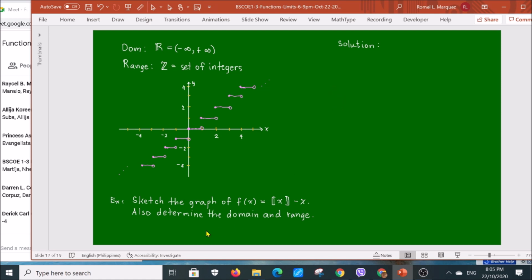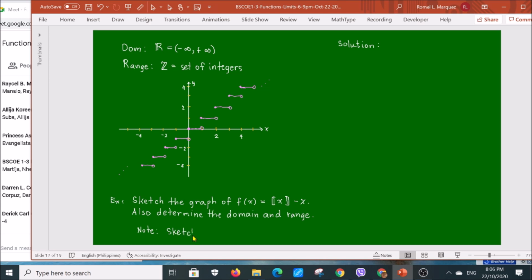Note here, I supposed to have restricted the graph.